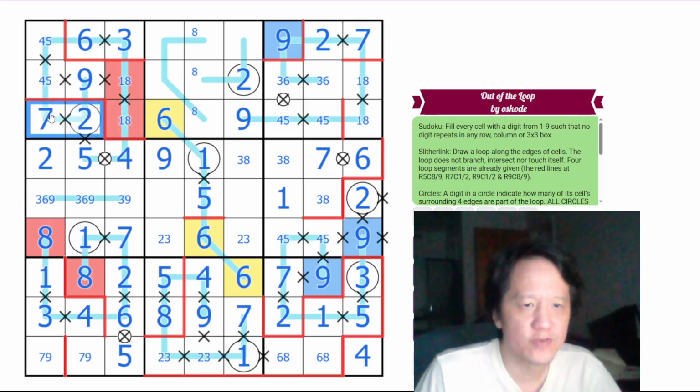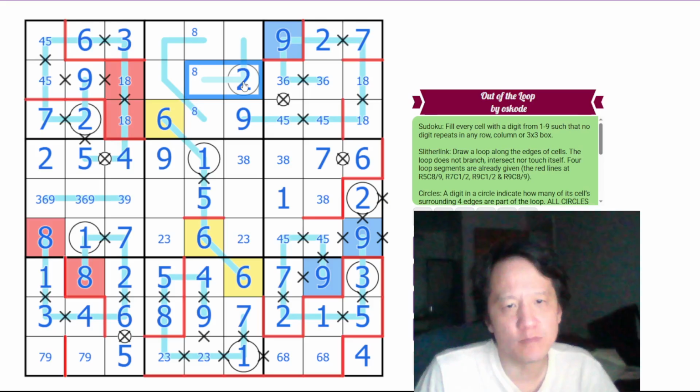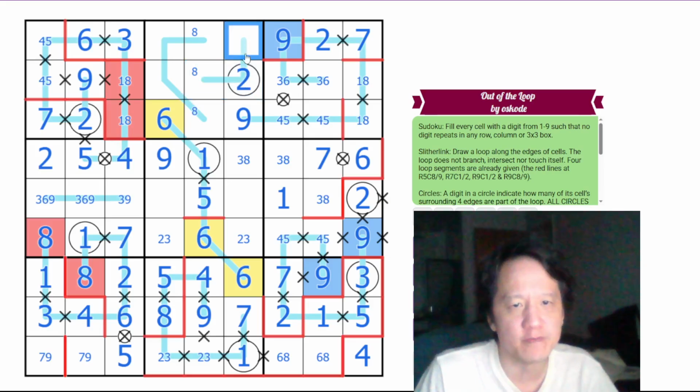Okay, that's fine. Don't know how these slither links go. We need one here and one here. We're not sure which. And it cannot go out the other way because then this would be separated by themselves.